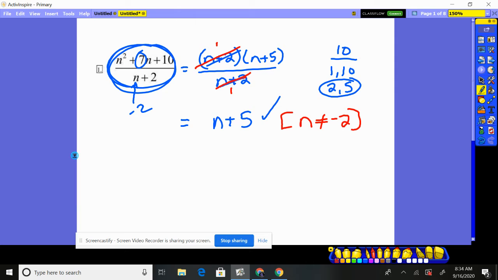Because you and I crossed it out right here and we sort of made it disappear, but we have to keep that restriction that n can't be a negative 2. So we must make this statement right here of n not being able to equal negative 2. That's half the problem, making sure you put the restriction there.